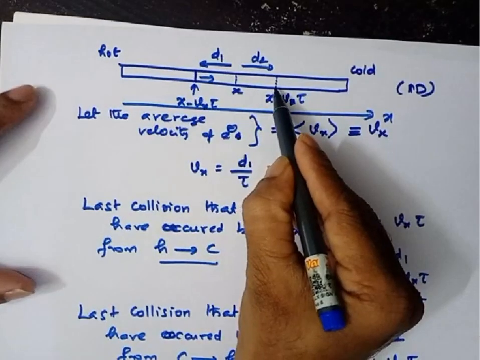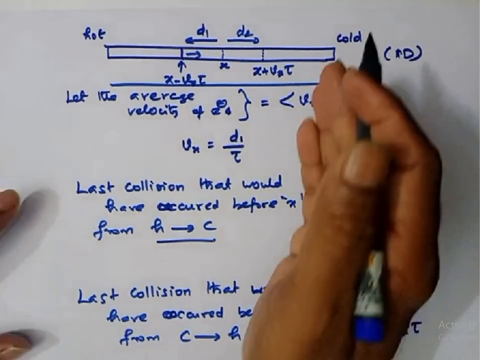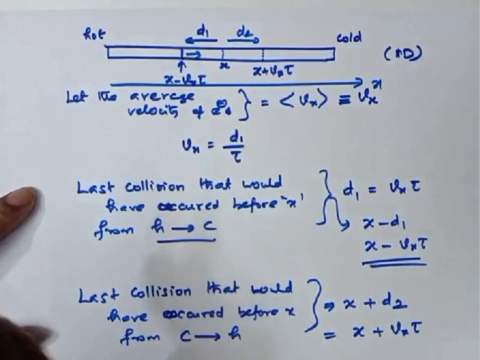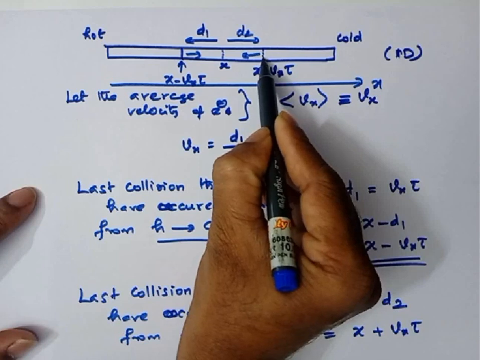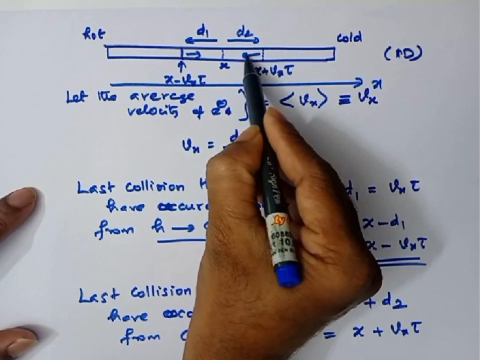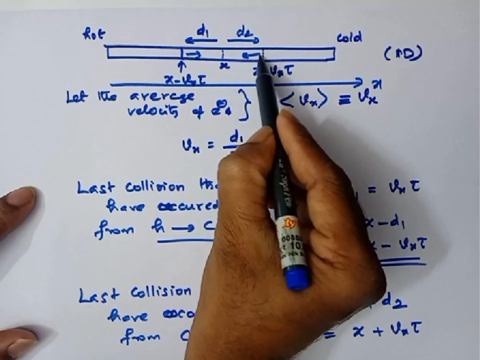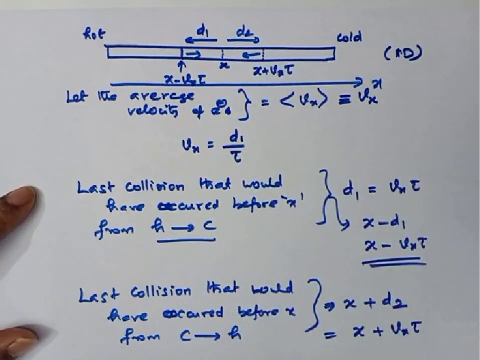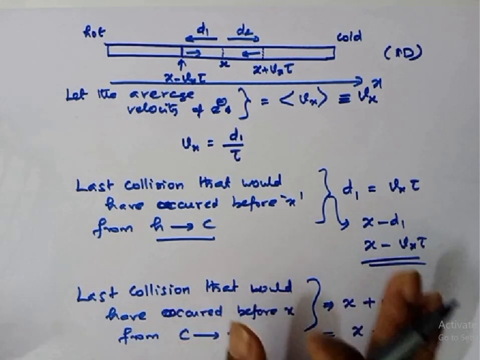This is the position where the last collision would have occurred for the free electrons moving from cold end to hot end. After this position, assume that no collision occurs. So the free electrons moving towards x have whatever energy they possess at this point. Clear? This is a very important point. Keep this in mind.